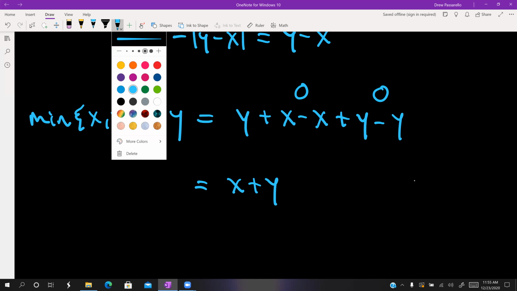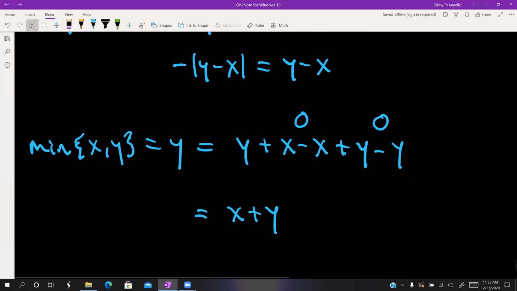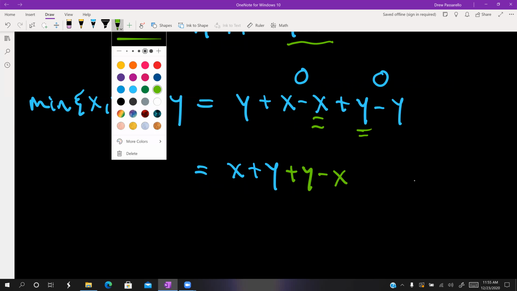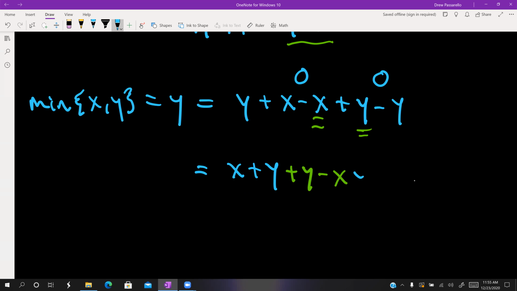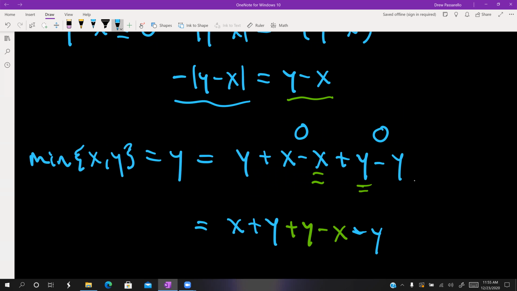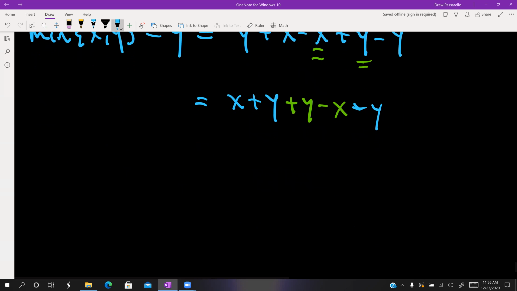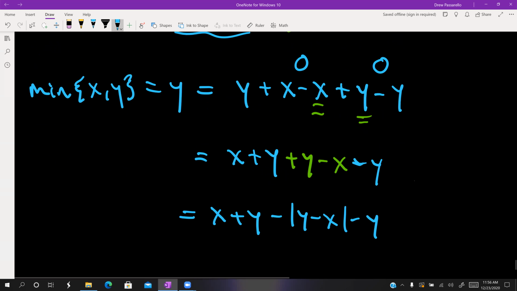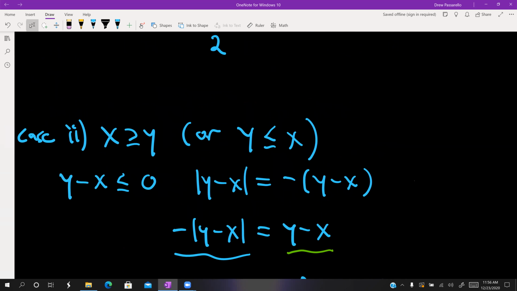And let's see, what do I need? y minus x, so I do have the y, and here's my minus x. And then I have minus y. Well, y minus x is the negative absolute value of y minus x, because of what I stated earlier, based on these facts.